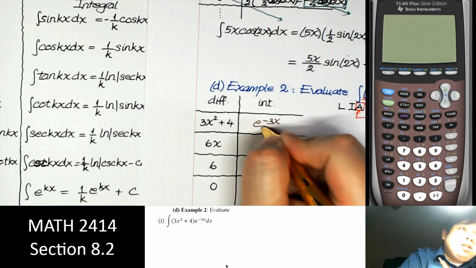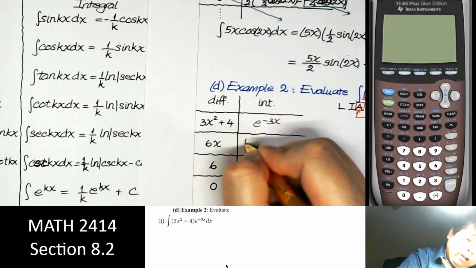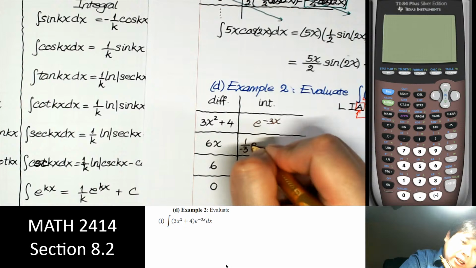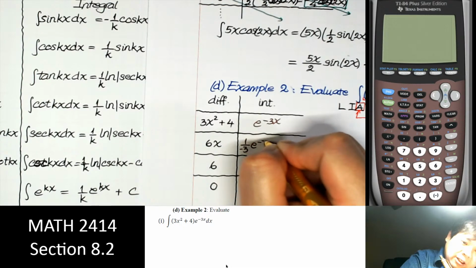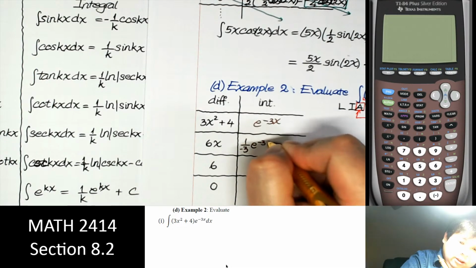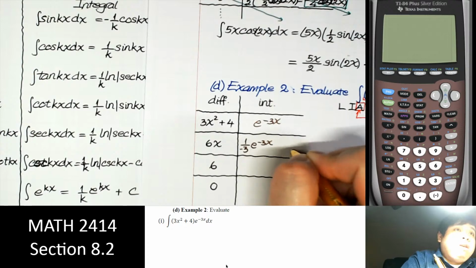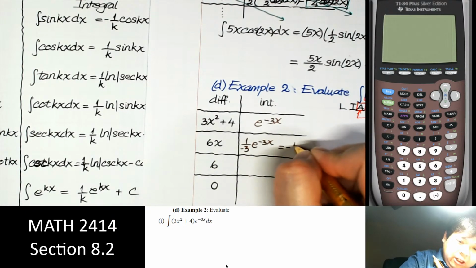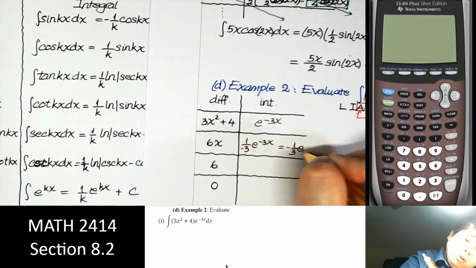K in this case is negative 3. So we have 1 over negative 3 e to the negative 3x. Don't need to have the constant. Don't write a constant. So which is negative 1 over 3 e to the negative 3x.